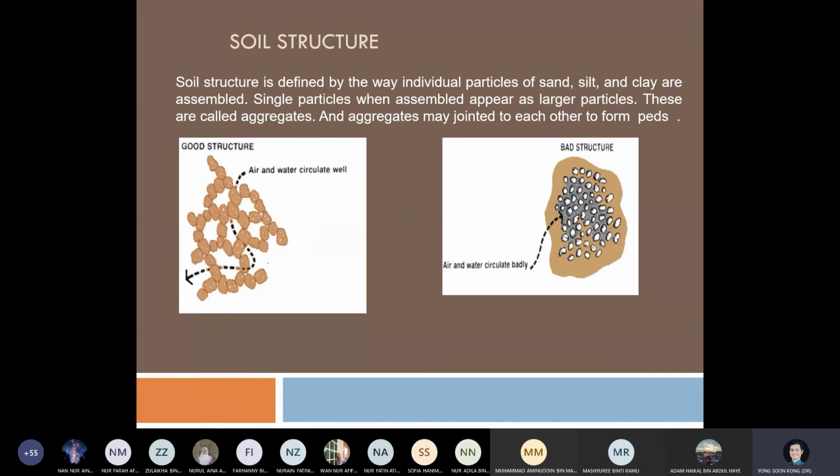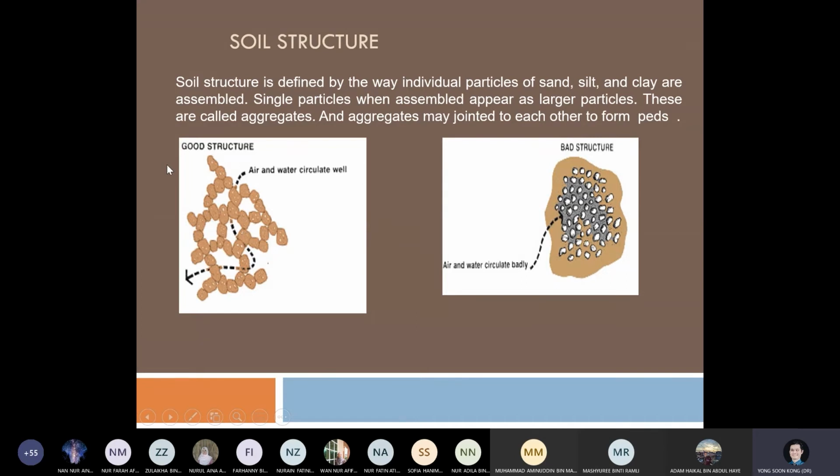Now you're probably going to think right now, sand probably has good soil structure, but the answer is probably not, because when I say air and water pass through freely, it doesn't mean that they pass through quickly. Sand is not really a good soil because usually sand does not retain water. You have water, it passes through quickly, and it cannot retain water in the soil, at least in sandy soil. Those are not what I mean in terms of good soil structure.